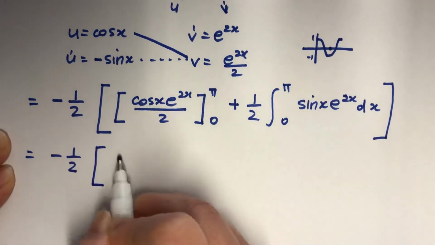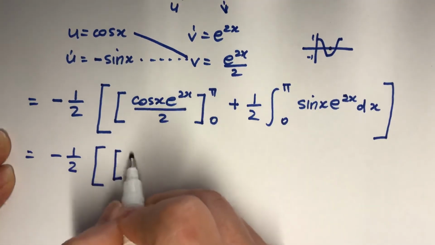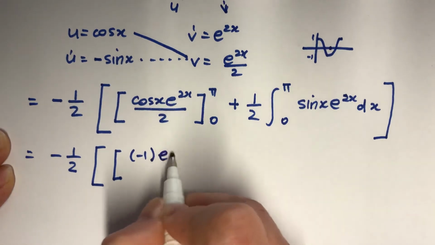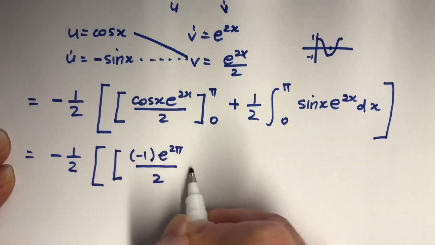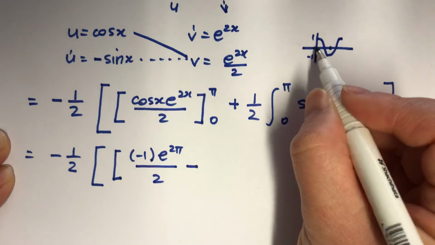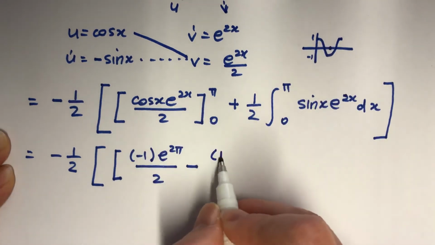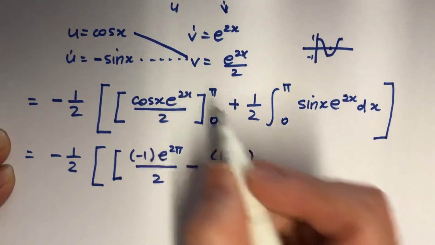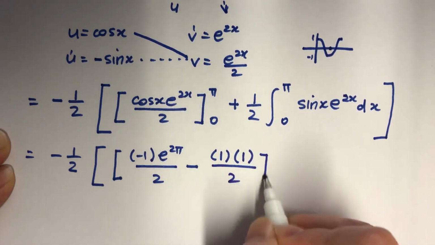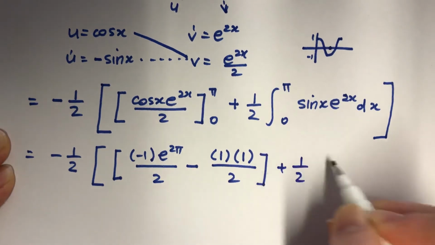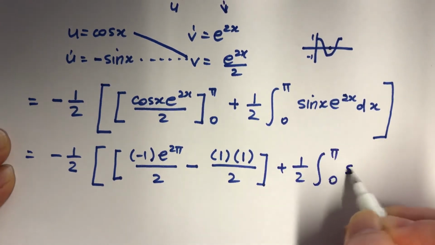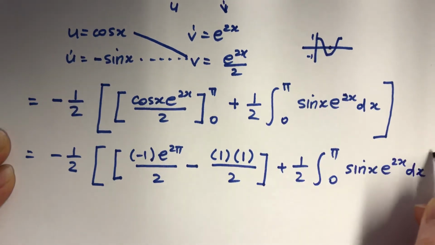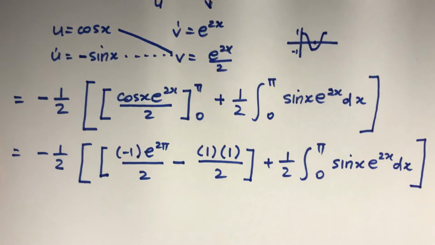So I will go minus 1, because when I put pi there it's minus 1, and e to the power of 2 pi over 2, minus, when I put 0 here it becomes 1, and then 1 again, because anything to the power of 0 is 1. So 2. And then I'll leave the rest as it is, because I haven't done it yet. I'm just dealing with the first part.